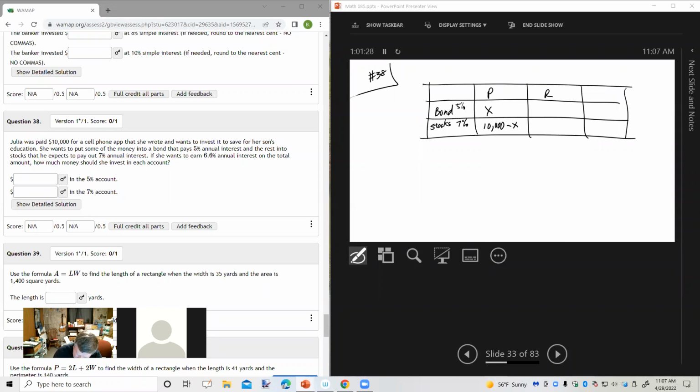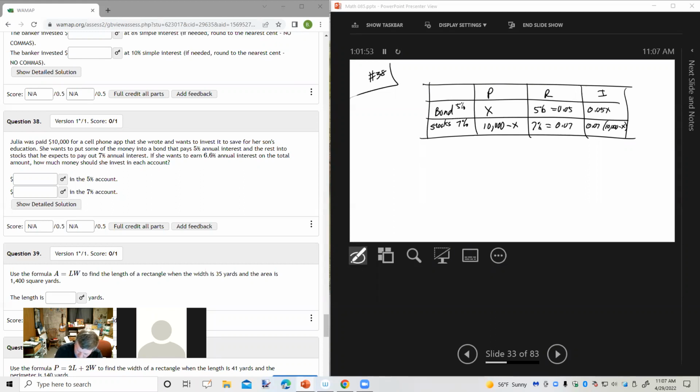And the rate: this is 5%, which is 0.05, and this is 7%, which is 0.07. And the interest would be 0.05x, and this would be 0.07 times (10,000 minus X).